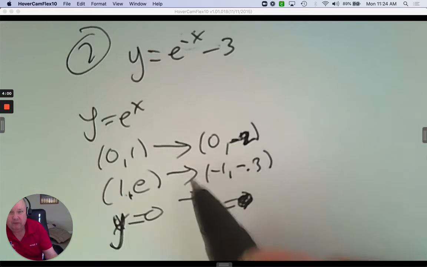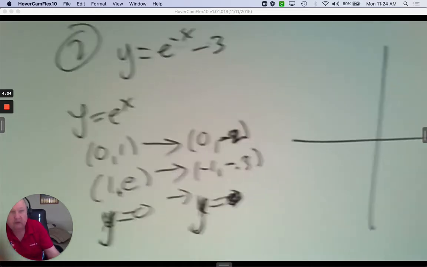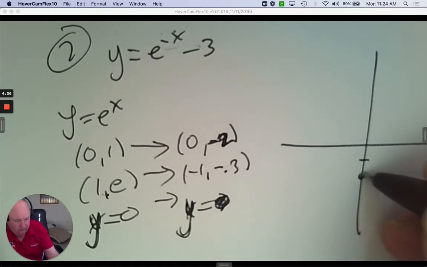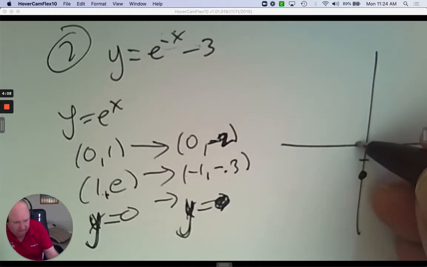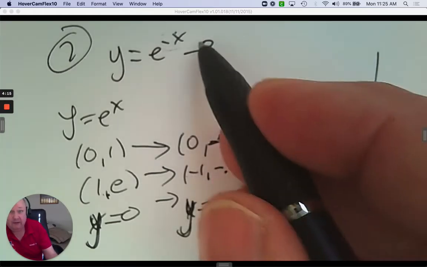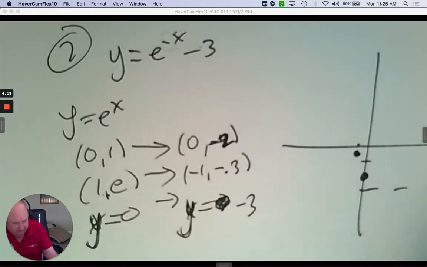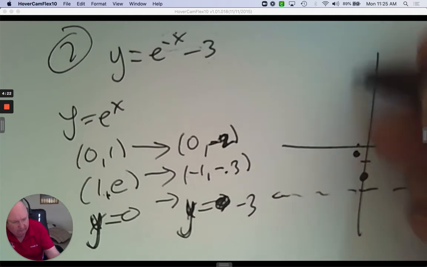So we graph (0, -2) and (-1, -0.3). And then there's an asymptote here. I didn't say the k value, negative 3, is the asymptote. So this is what the graph would look like.